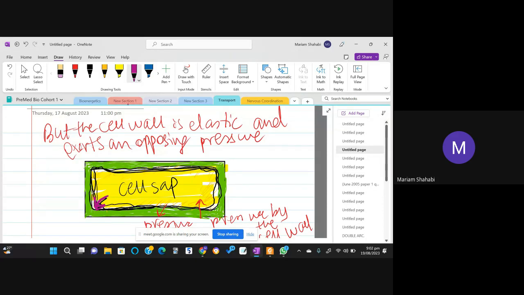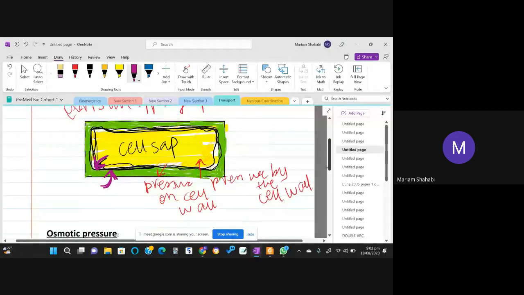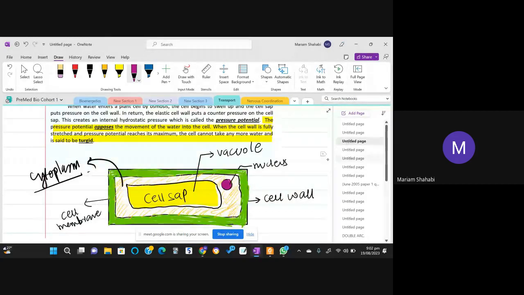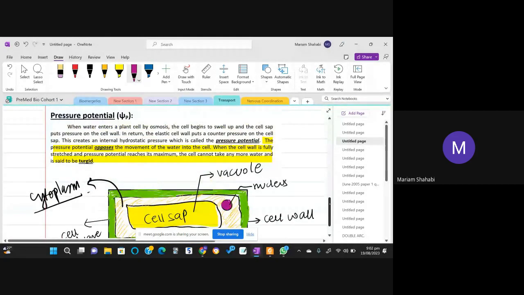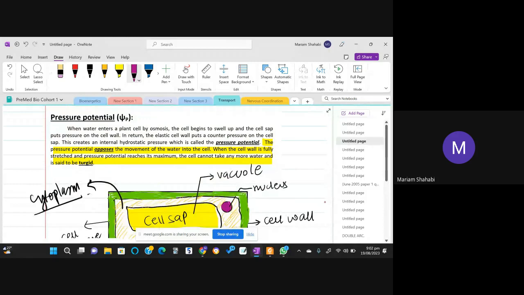But because the cell wall is elastic and firm, it will also exert an opposing pressure. So you have a pressure on the cell wall and a pressure by the cell wall. Pressure potential is simply the pressure that the cell wall exerts.